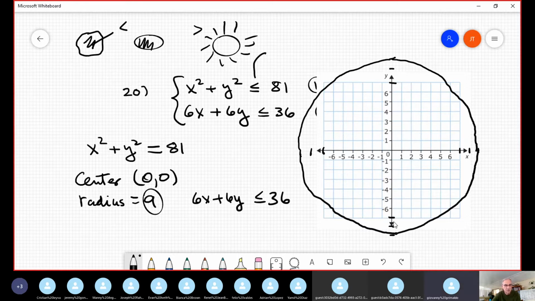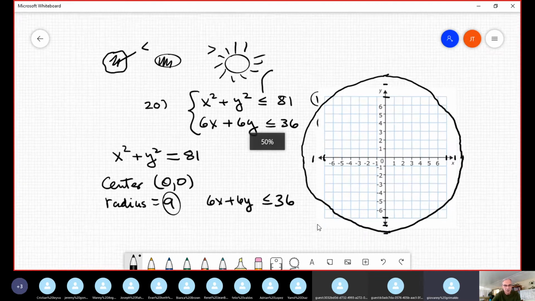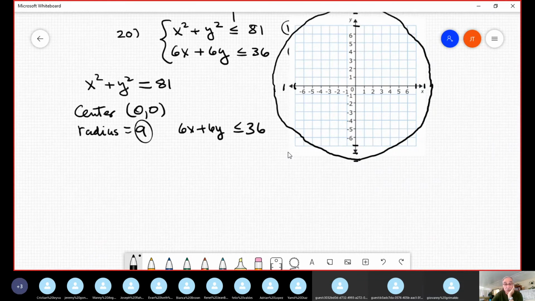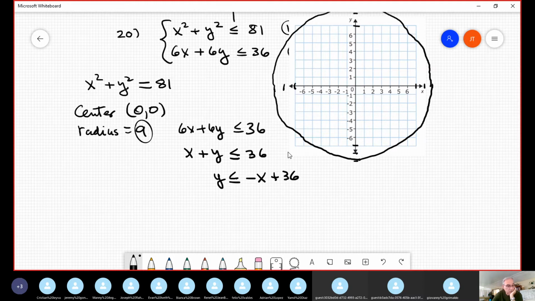My recommendation is, first of all, when you realize it's possible to divide by 6, you simplify your inequality a little bit, and you isolate the y. Now, I convert to an equation.